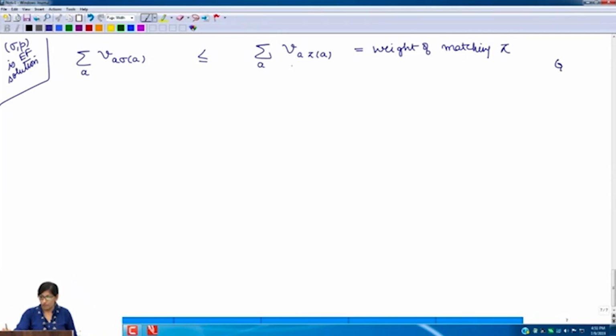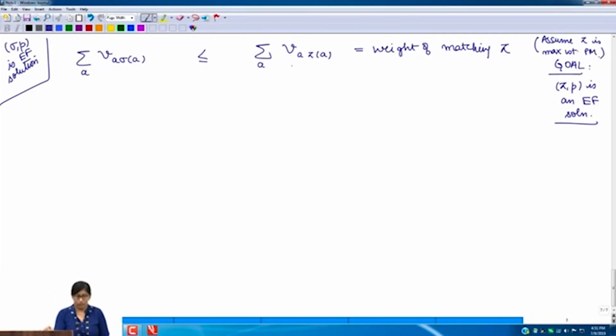So my goal is to show that pi comma p is again an NV free solution, and I've assumed that pi is a max weight perfect matching. So this first inequality is clear, right? How did I get it? Since pi is the maximum weight perfect matching.